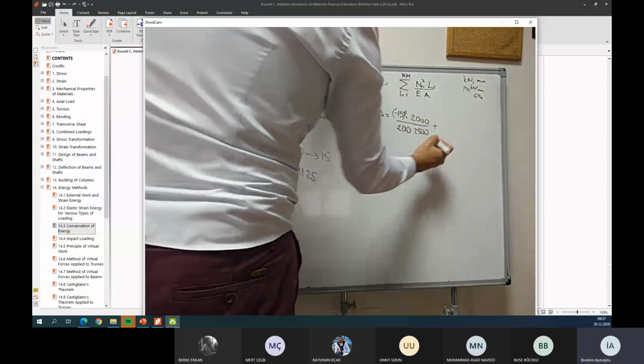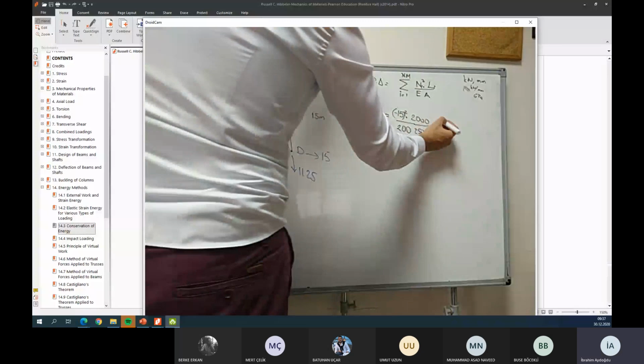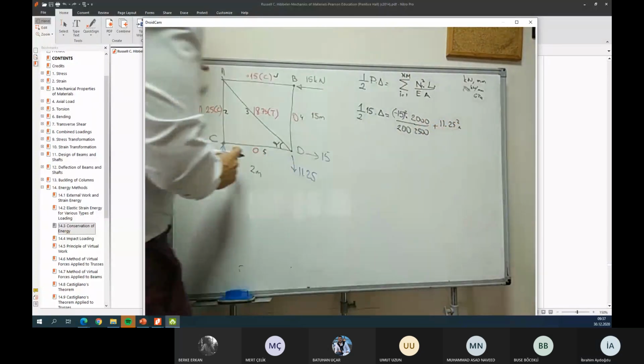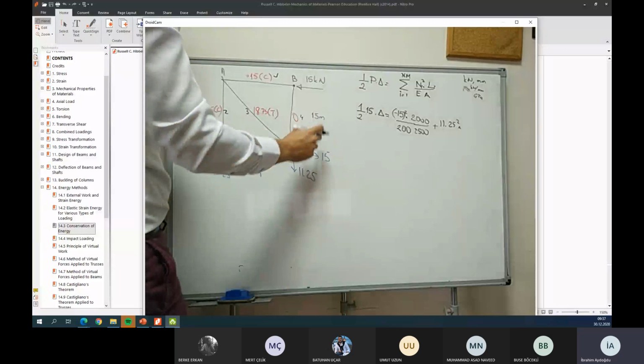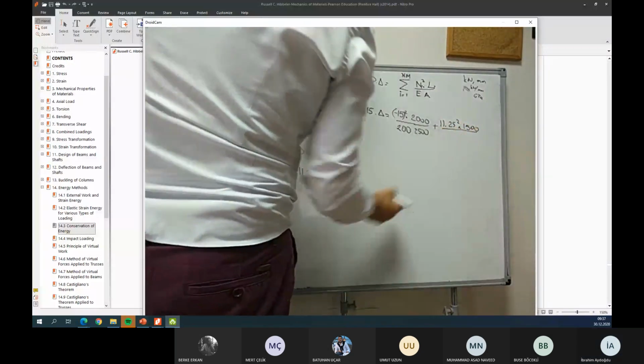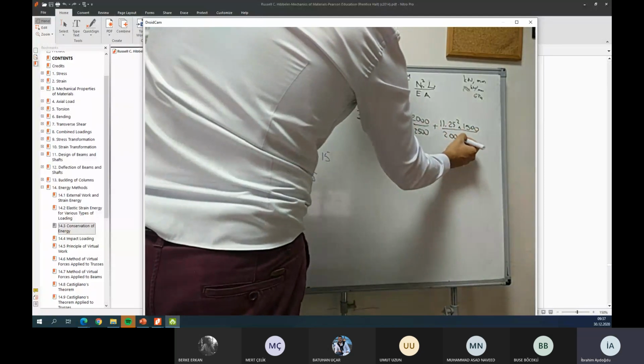And plus, just everything is summation. 11.25 squared times length, which is 1.5 meters, so I'm converting to millimeter, divided by the same value.